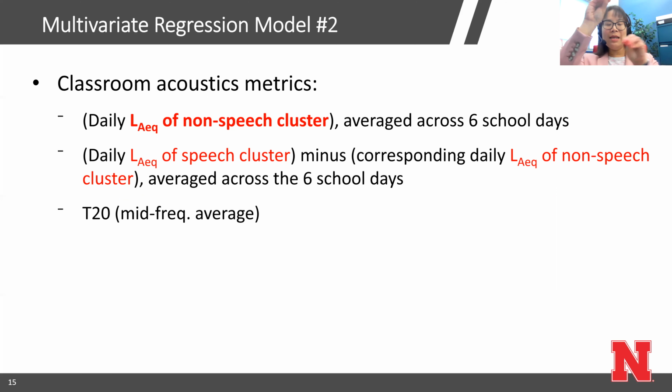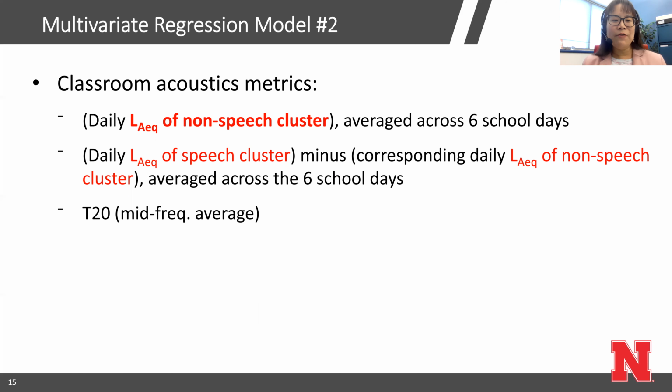And we subtract the LAEQ of the non-speech cluster. So we have some delta for one day, and then we get it for each of the other days, and we arithmetically average that difference. So this is not exactly the same as the other values, which are an average across the 6 days, whereas this one is looking at every specific day and the delta to the particular speech that day.